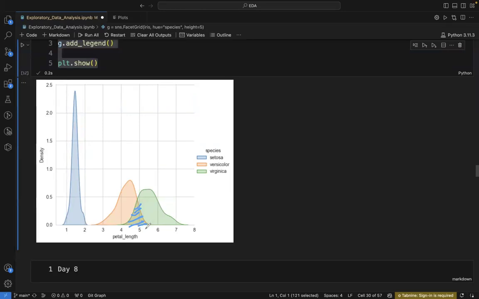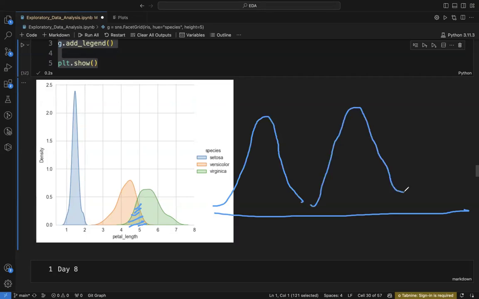So what would have been the perfect case? The perfect case would have been that all of my setosa flowers will be here, all of my versicolor will be here, and all of my virginica will be here. This would have been my perfect case because there is a clear separation between these three flowers.